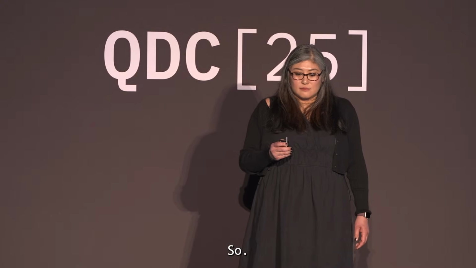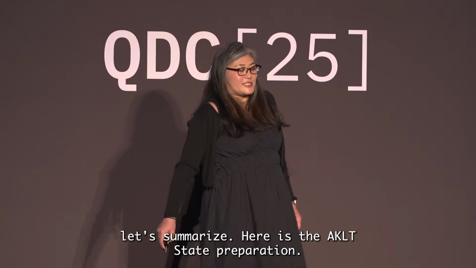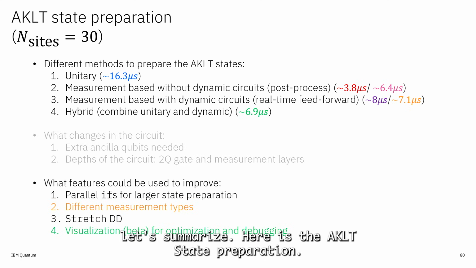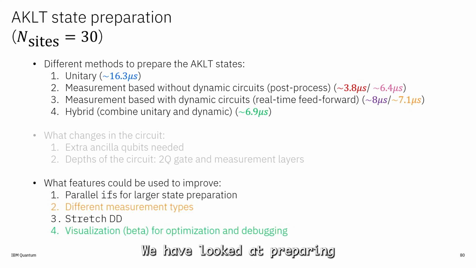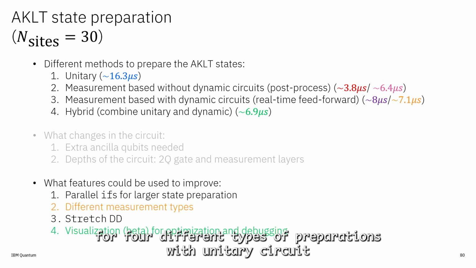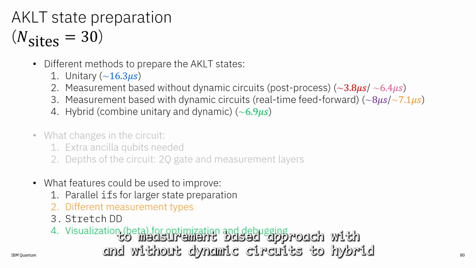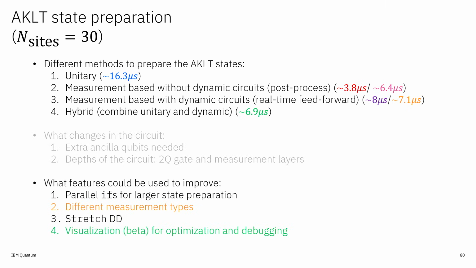So let's summarize. Here's the AKLT state preparation. We have looked at preparing for 4 different types of preparation, with unitary circuits, to measurement-based approach, with and without dynamic circuits, to hybrid, combining unitary and dynamic.